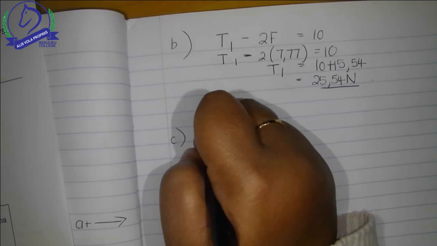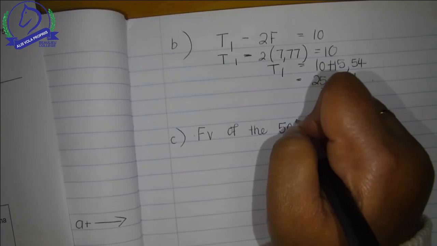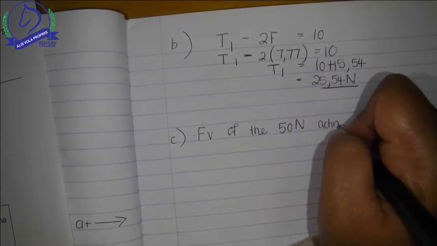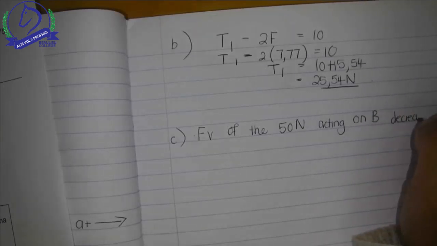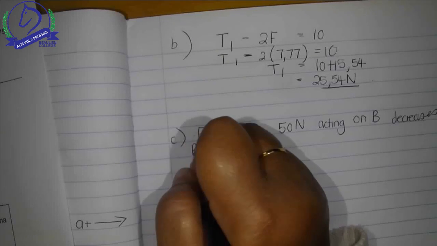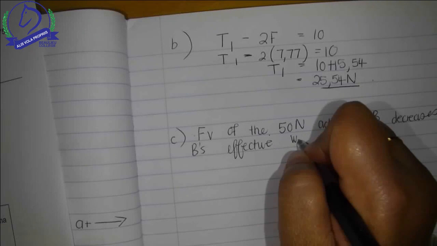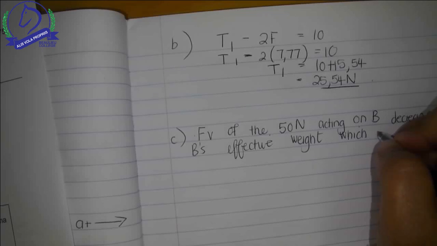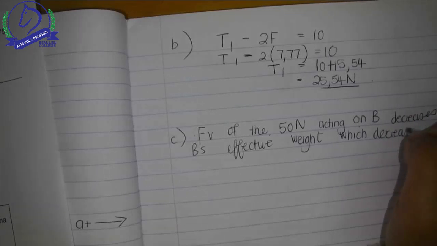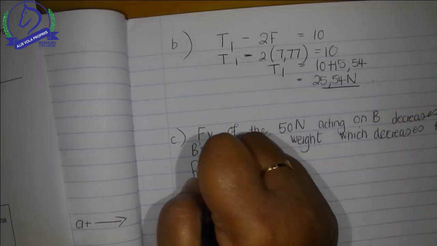So the vertical component of the 50 newton force acting on B decreases B's effective weight, which decreases the frictional force. Remember that component there, similar to the one in the tug of war.